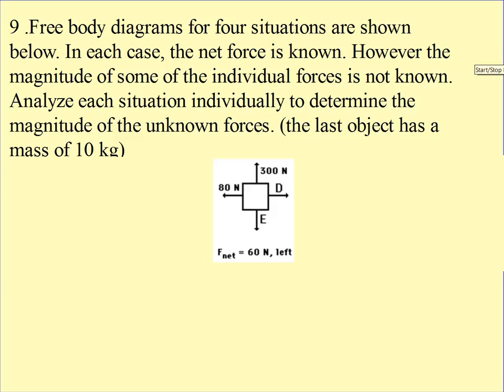Oh, this one's got forces in both x and y, and we have a net force to the left. Let's do y first. It's not moving in y, so the summation of the forces in y is 0. This is again the arrows on my free body diagram. I have 300 newtons going up.